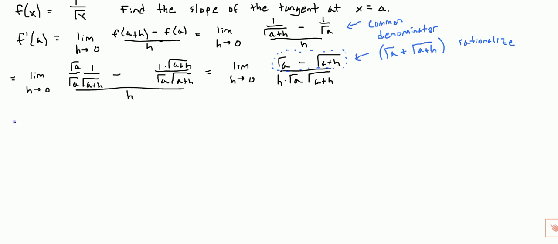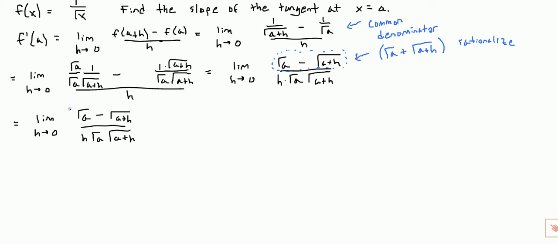Alright, so we have the limit as h approaches 0 of square root of a minus square root of a plus h over h square root of a square root of a plus h.